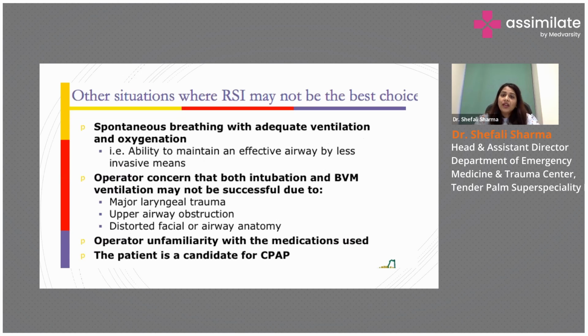Other situations where RSI should not be done are where the patient is spontaneously breathing with adequate ventilation and oxygenation, where we can go ahead with NIV or BiPAP support. Or operator concerns that both intubation and bag mask ventilation may not be successful due to major laryngeal trauma, upper airway obstruction, or distorted facial or airway anatomy.